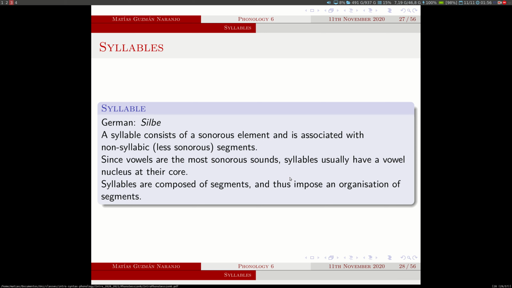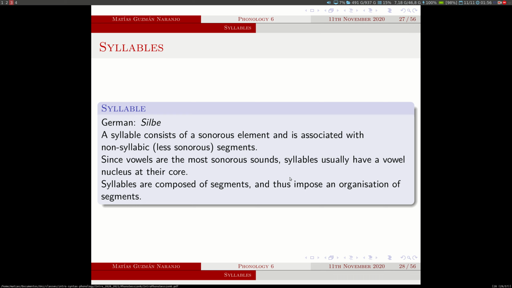So what is a syllable? A syllable consists of a sonorous element associated with other less sonorous segments, which must be non-syllabic. Vowels are the most sonorous sounds that we have, and they are usually the nucleus of a syllable, or the peak in sonority.